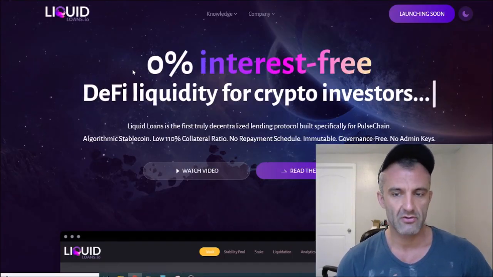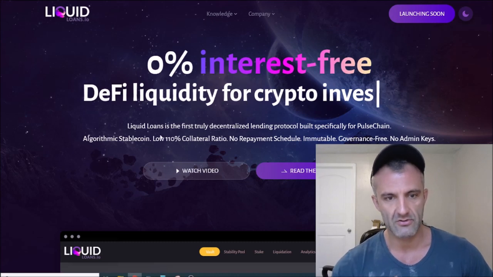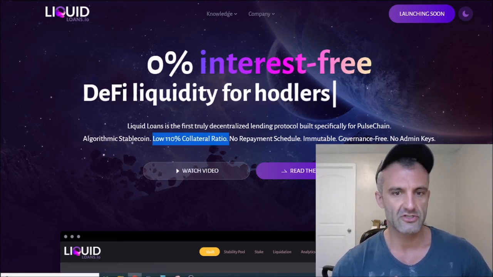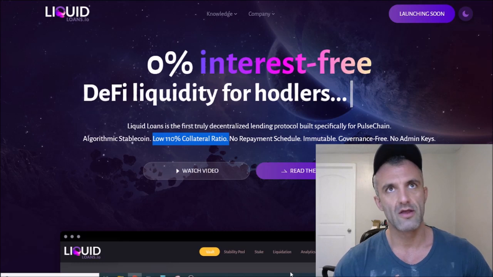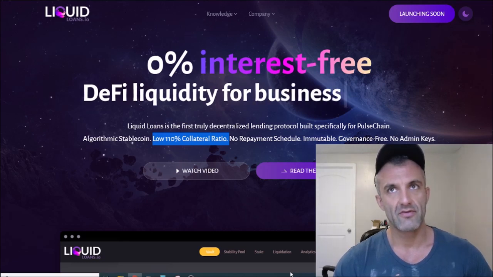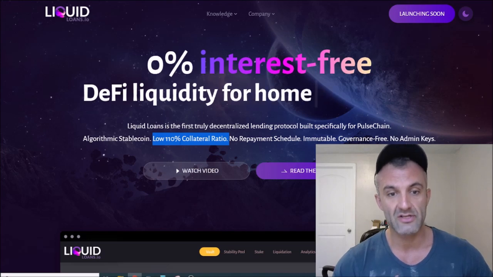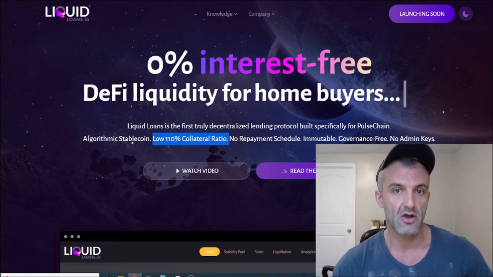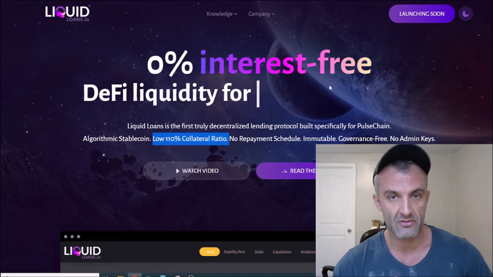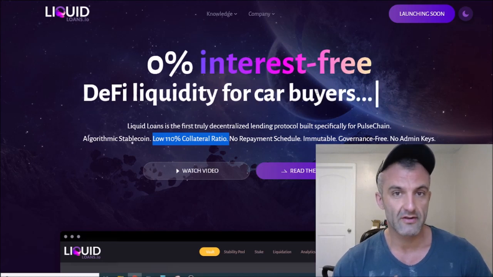When you take out a loan, you can see this right here, a low collateralization rate. That means if you have 110% plus a penny of Pulse in your account, then you're good.